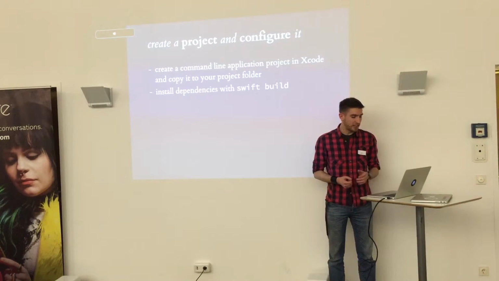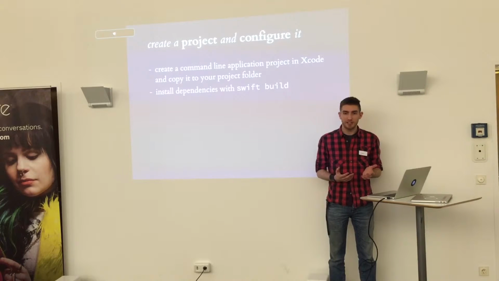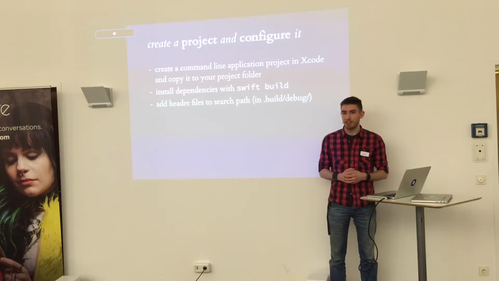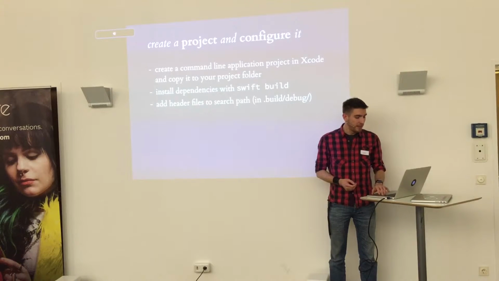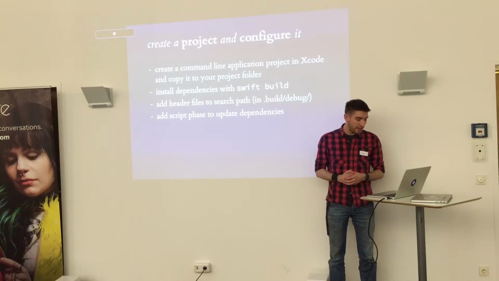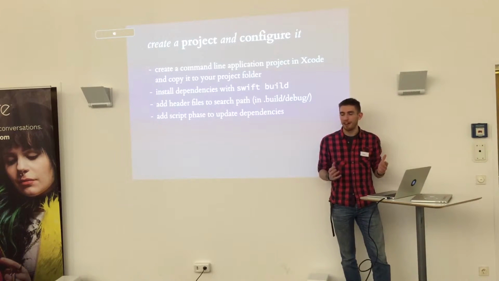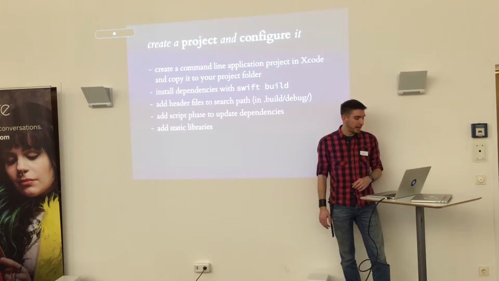Next you install all your dependencies on the command line. You add the header files, which have been generated for you. You add a script phase, which will update your dependencies and make everything all right for Xcode. And in the end, you add all your static libraries to your project, so it actually links and not only compiles. And in the end, of course, you have fun.